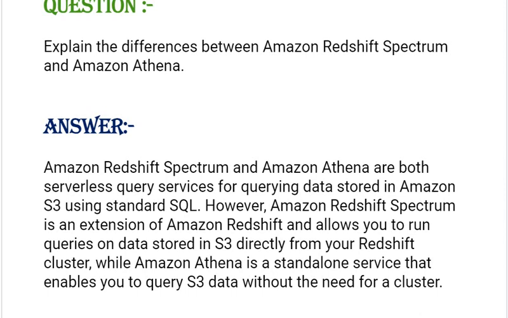However, Amazon Redshift Spectrum is an extension of Amazon Redshift and allows you to run queries on data stored in S3 directly from your Redshift cluster, while Amazon Athena is a standalone service that enables you to query S3 data without the need for a cluster.